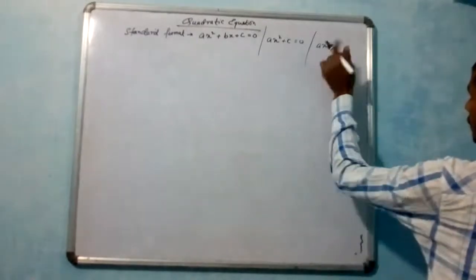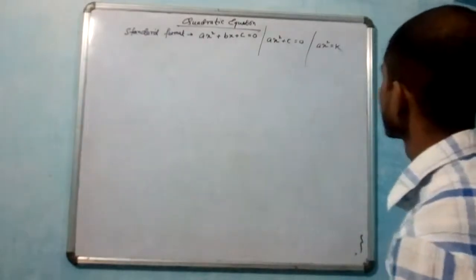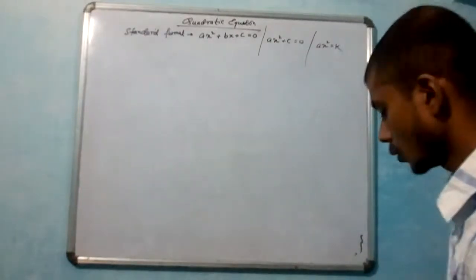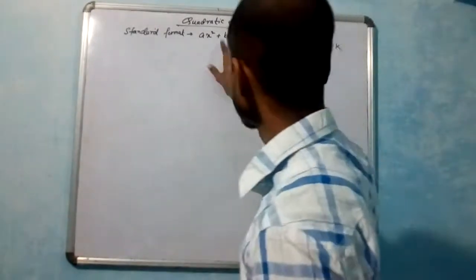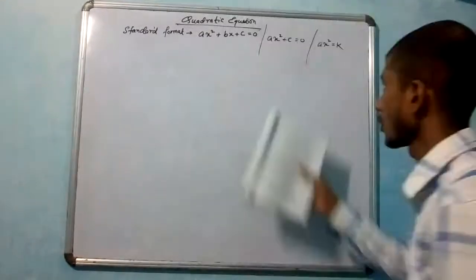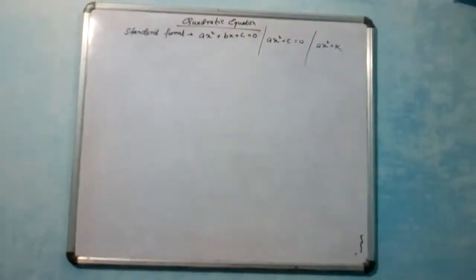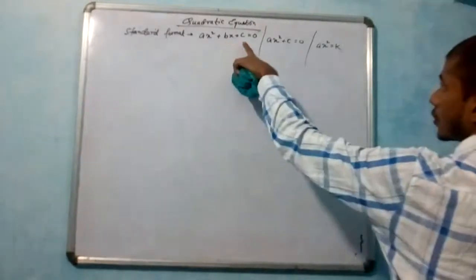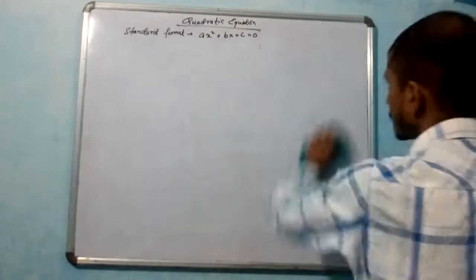Quadratic only, because the degree is 2. So this is the standard form. These are also forms, but these are not the standard ones. The standard means the coefficient of x will be available, the constant will be available, everything.